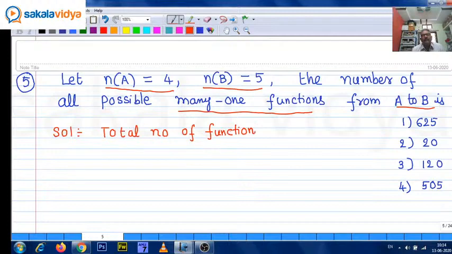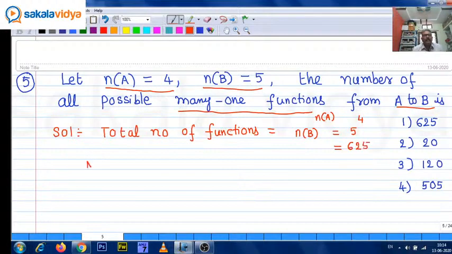The total number of functions means we can write n(B) raised to n(A). So that is equal to 5 to the power of 4. 5 to the power of 4 is equal to 625.